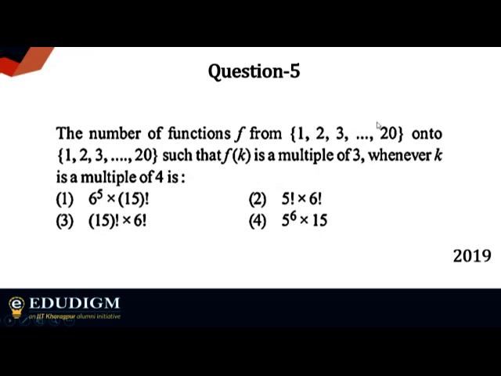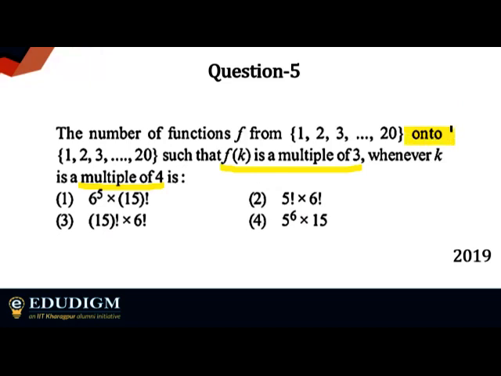So if you look at this domain, which is 1 to 20, if you take any multiple of 4, that will get mapped to a multiple of 3. This is very important. And one thing, don't miss out on this: it is onto. So just use this and try to answer.